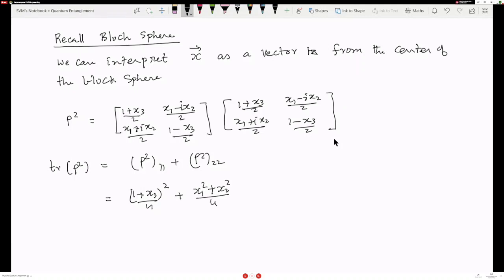And the 2 2 element is (x1 square plus x2 square) divided by 4 plus (1 minus x3) the whole square divided by 4. So this is your trace of rho square.